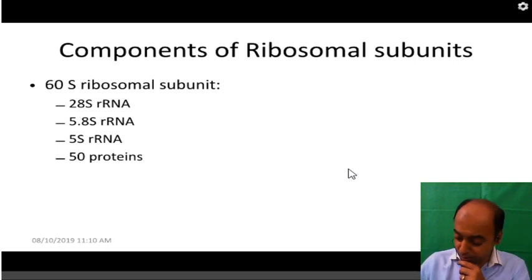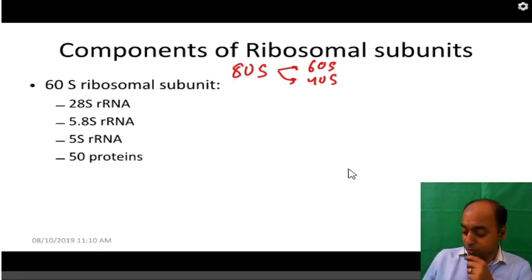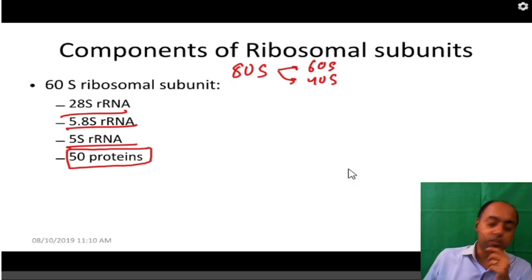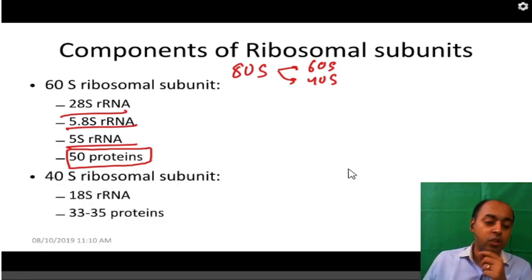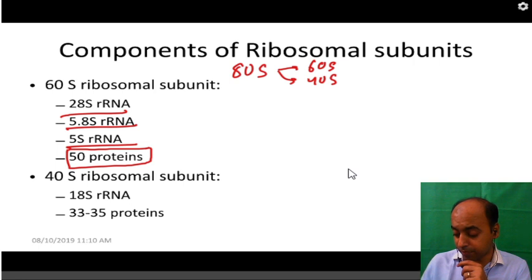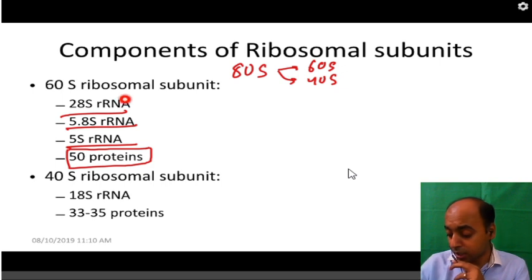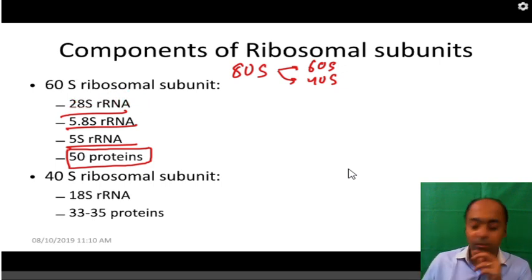The 60S ribosomal subunit, obtained from the 80S ribosome, has 28S ribosomal RNA, 5.8S ribosomal RNA, 5S ribosomal RNA, and a large number of proteins, about 50 different proteins. Going to the 40S, obviously it is smaller, it only has the 18S ribosomal RNA along with a large number of proteins. 60S and 40S come from the 80S ribosome, and remember the peptidyl transferase is 28S ribosomal RNA.